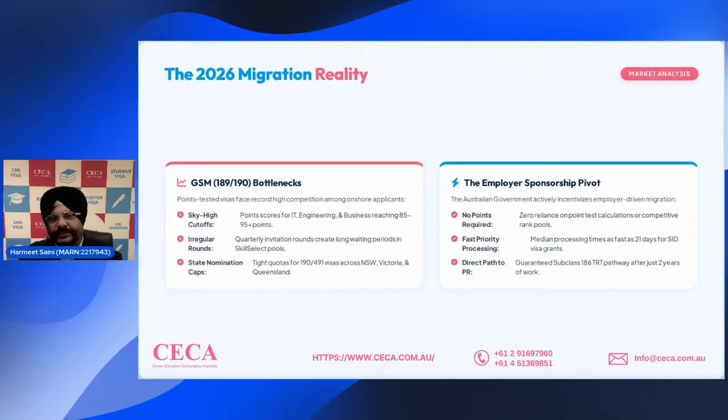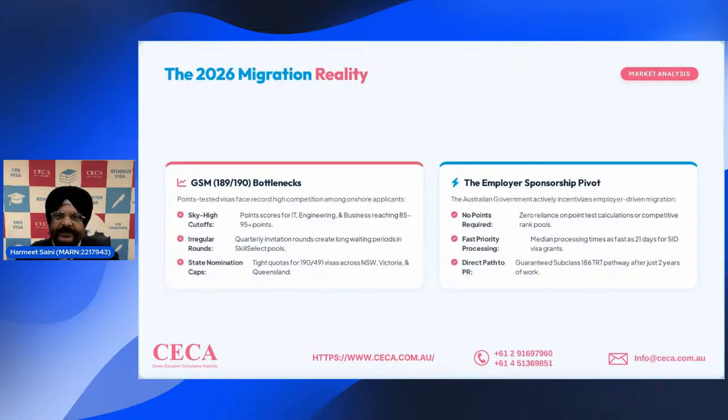If we talk about the nomination phase, in general skilled migration there are tight seat allocations for subclass 190 and subclass 491 visas. Especially in the big states like NSW, Victoria, Queensland and Western Australia, in the previous financial year there was very tight seat allocation across multiple states.